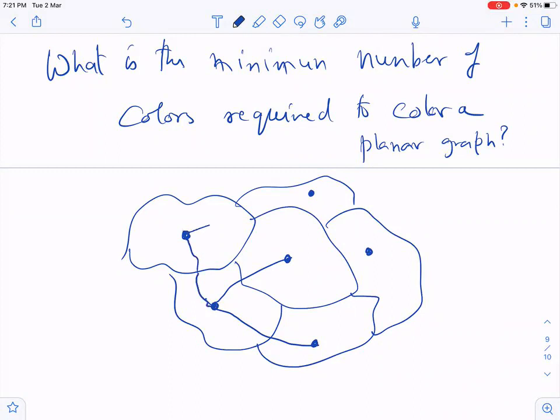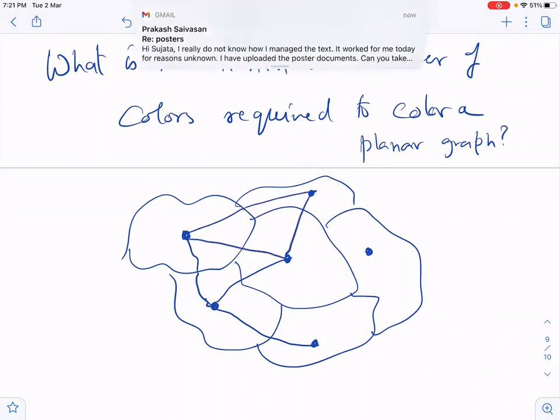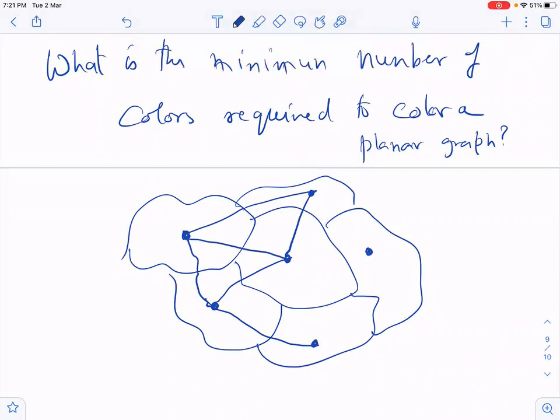So by doing so, I can draw a graph, which I have a drawing on the paper.